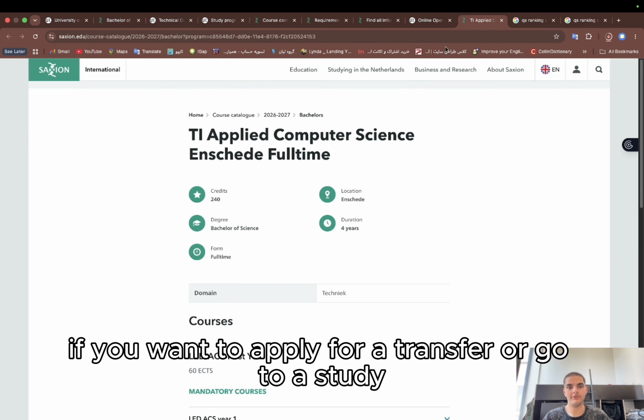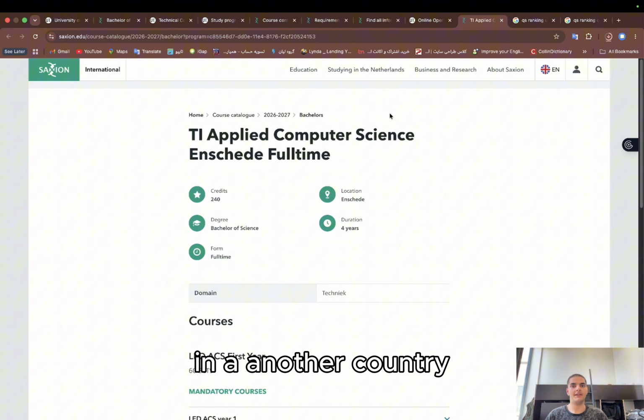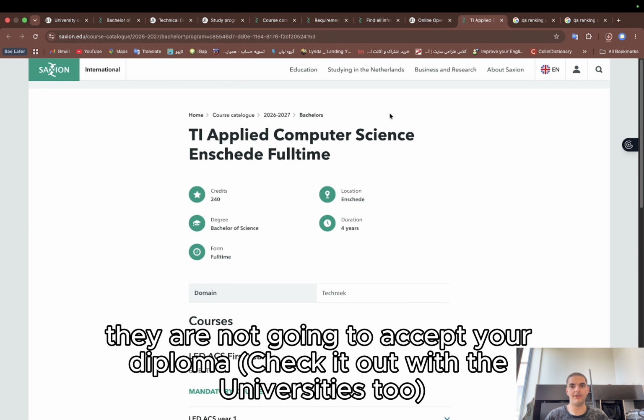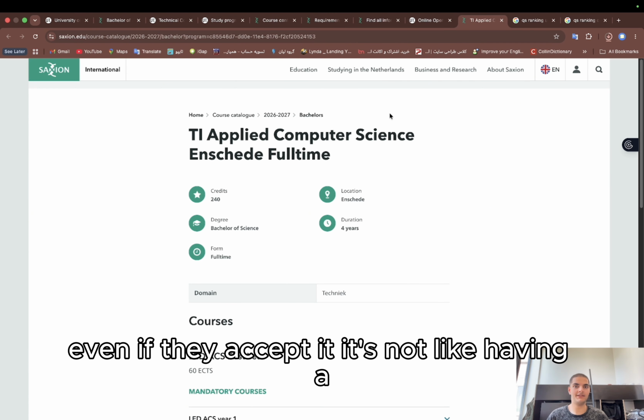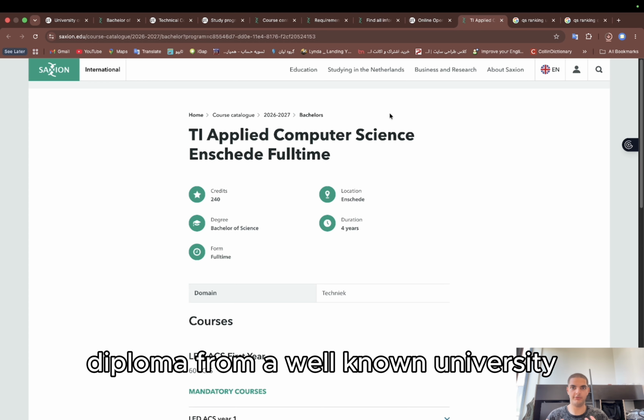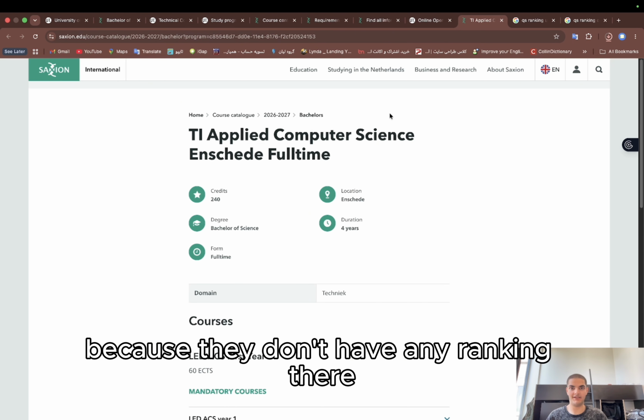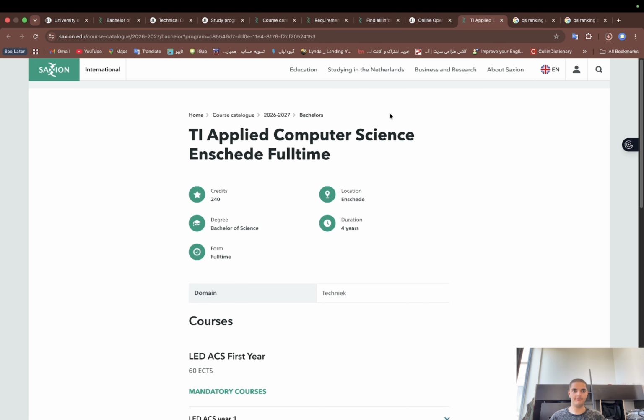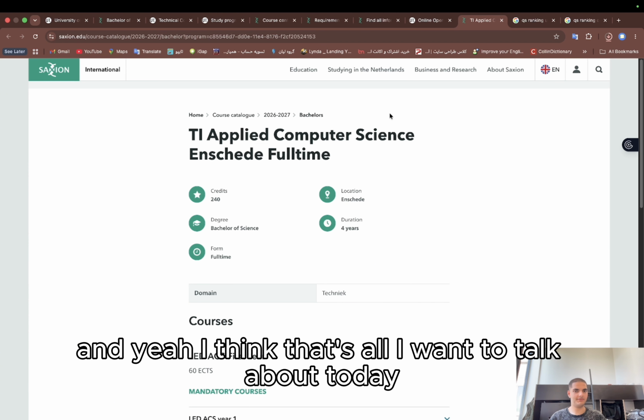So if you want to apply for a transfer or go to study in another country, they are not going to accept your diploma. Even if they accept it, it's not like having a diploma from a well-known university because they don't have any ranking there. And yeah, I think that's all I want to talk about today.